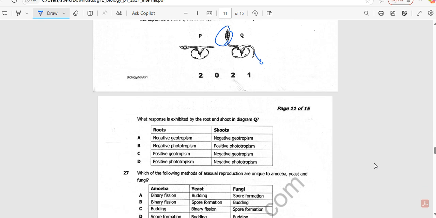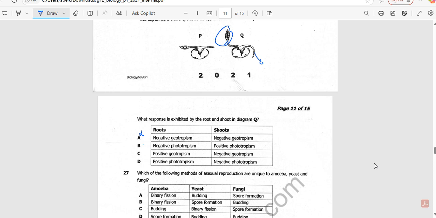So look at the answers here. They are confusing when you're not sure and careful. Roots negative geotropism is wrong, so we cancel this one because it's supposed to be positive geotropism. Negative phototropism for the roots is correct. The shoot's positive phototropism is also correct here, so this one we keep.